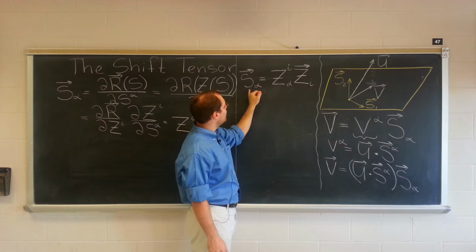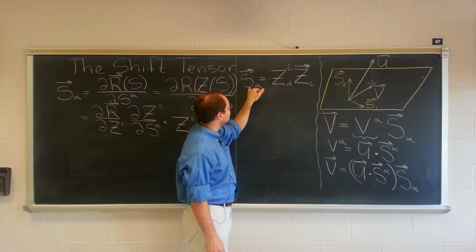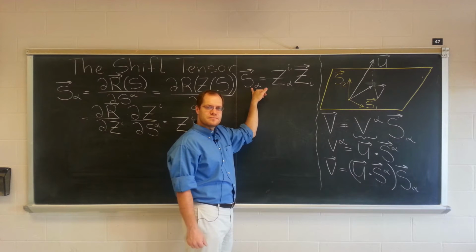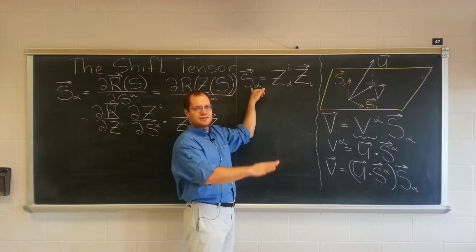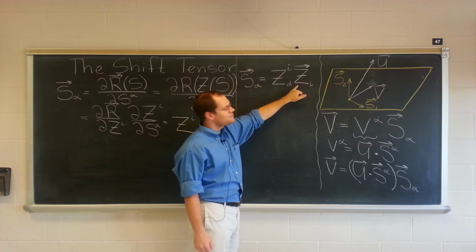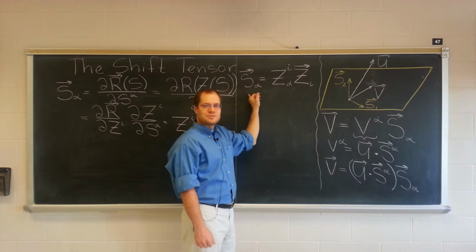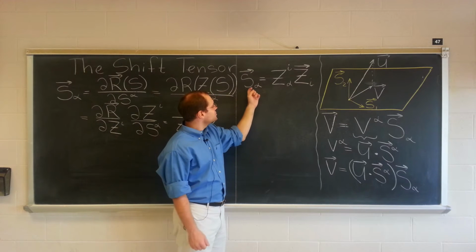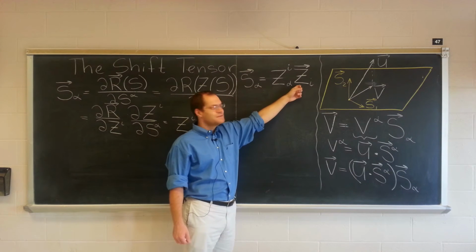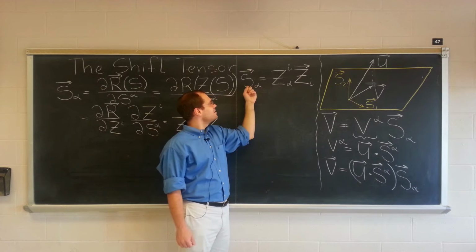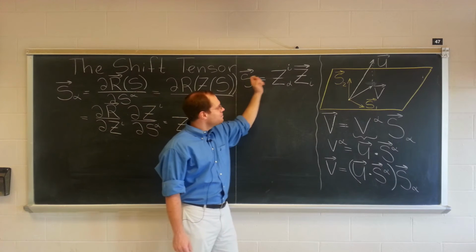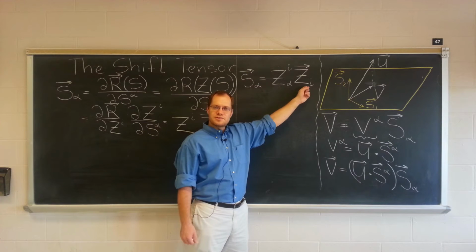It really expresses the surface basis, in other words, the basis for the tangent plane, in terms of the ambient basis. The reverse relationship was not possible, of course, because there are only two of these and three of these. So anything in the tangent plane can be expressed with respect to the ambient basis.